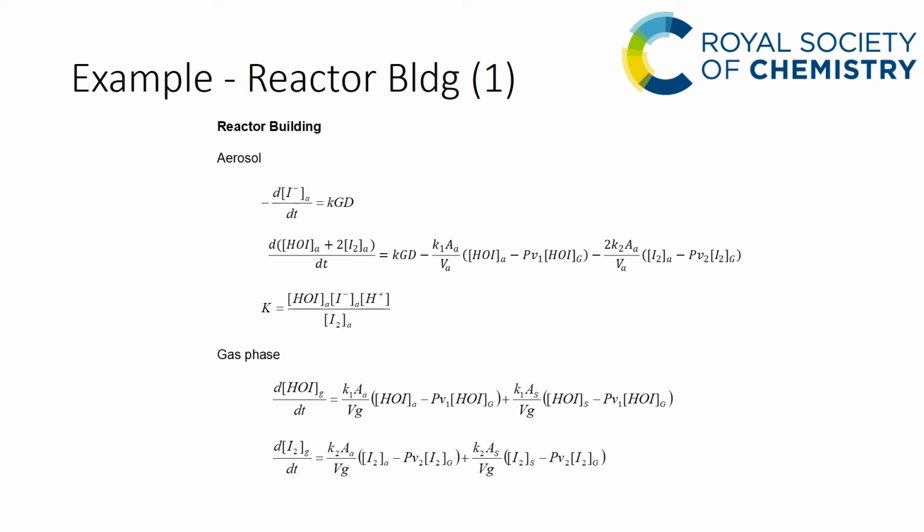Then you've got two mass transfer terms, one for HOI and one for I2, both representing the release into the gas phase. And the concentrations of HOI and I2 are related by the I2 hydrolysis equilibrium constant, the third equation. And in the gas phase, similarly, for the two species, you've got two terms for the mass transfer for HOI and I2.